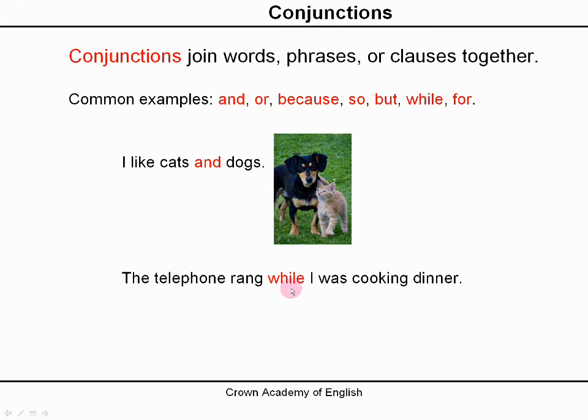So we want to join them together with the conjunction while. I am hungry, but I don't have any food. Again, we have two clauses or parts of the sentence. I am hungry. I don't have any food. And both of these ideas are related. So we want to join them together with the conjunction but.